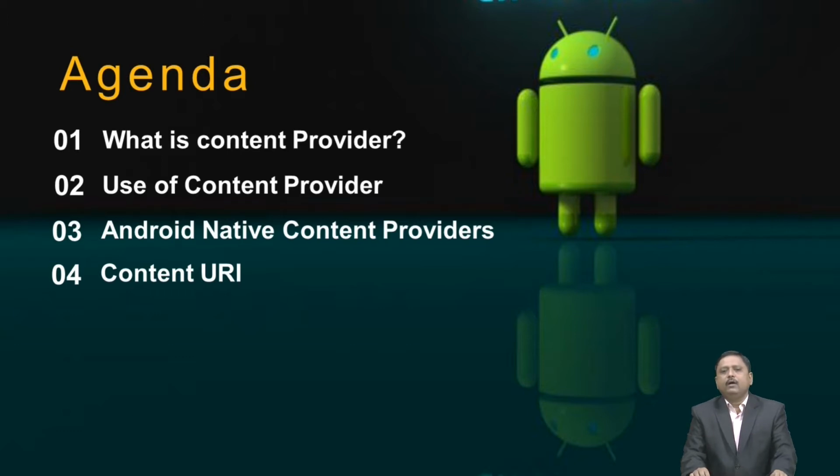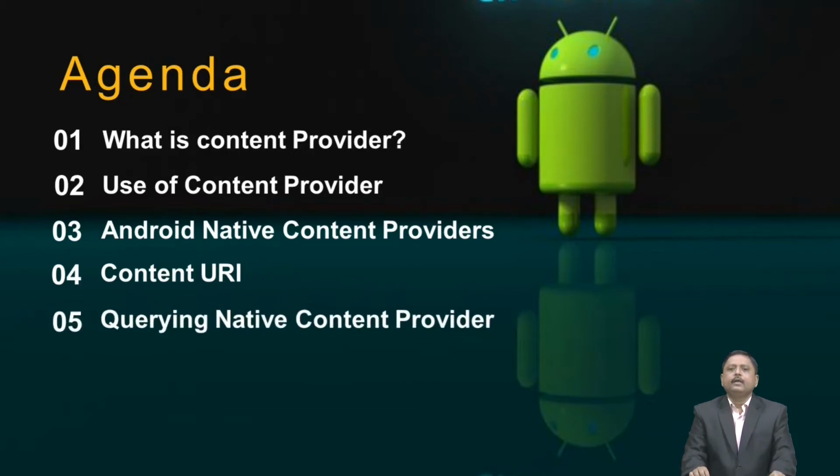We will learn about content URI, which is used to query content provider. Then we will learn how to actually get data using content provider, and we will take one demonstration for the same.